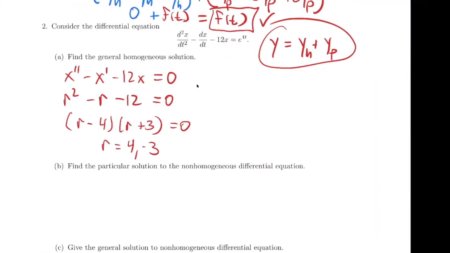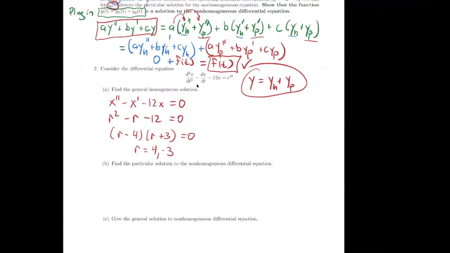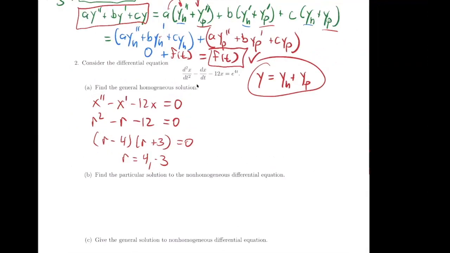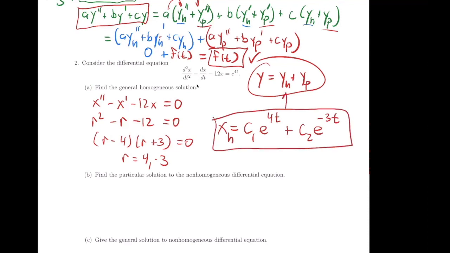And so our general solution, since we have two distinct real roots, would be something like c1 e to the 4t plus c2 e to the minus 3t. So that handles that piece of the puzzle.